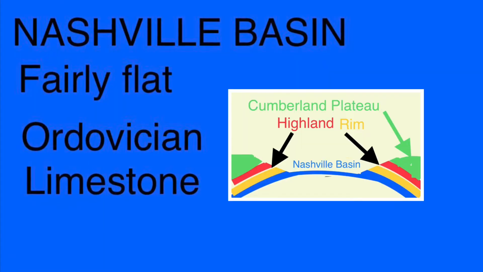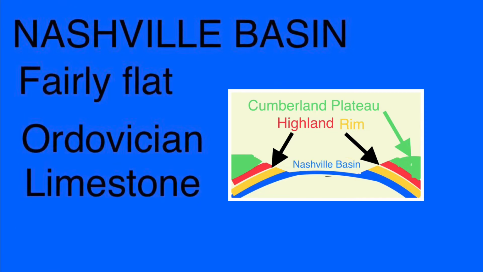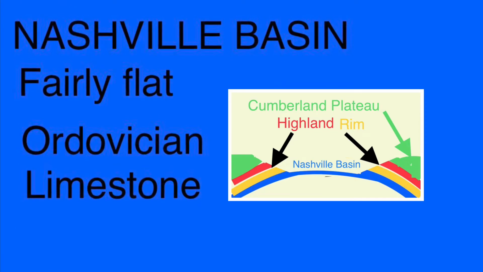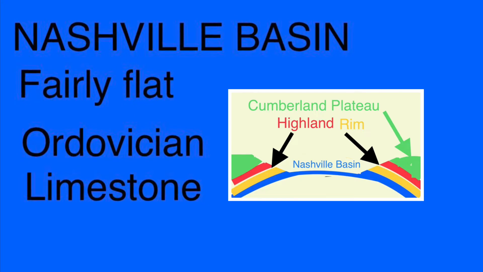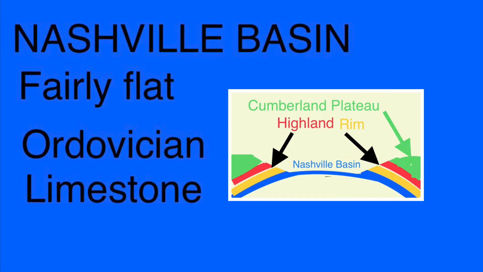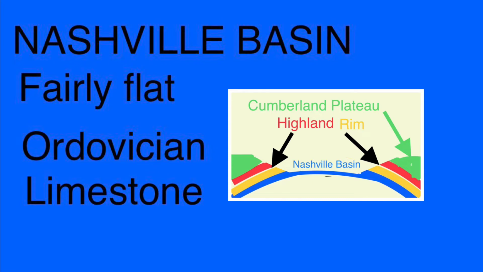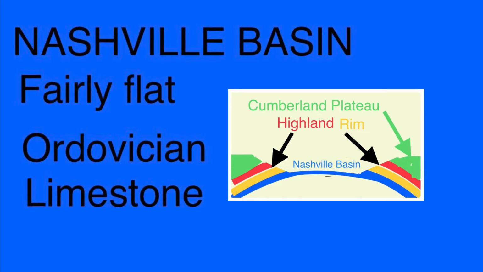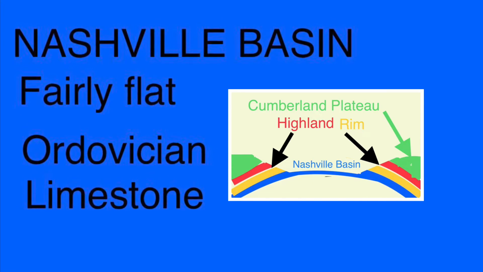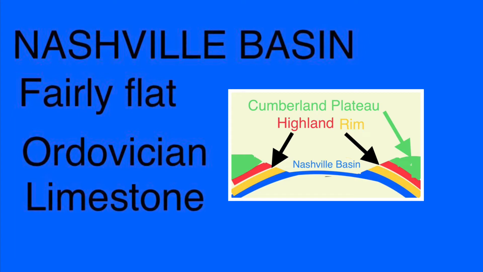So the Nashville Basin, which is the blue area in this picture, has the oldest rocks in the sequence. And those are Ordovician limestone that were deposited as the foreland basin of the Taconic orogeny.